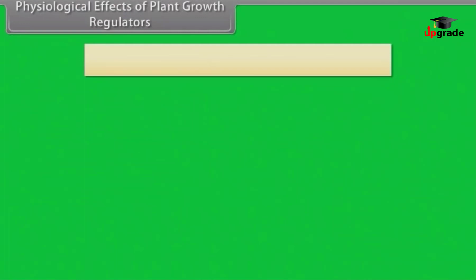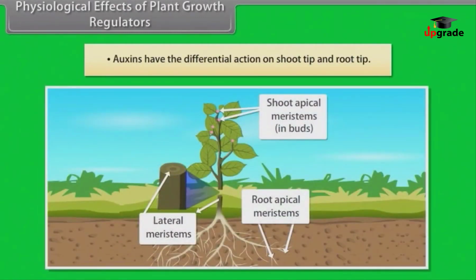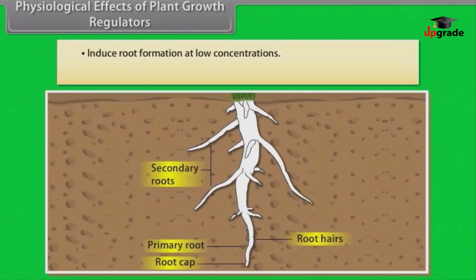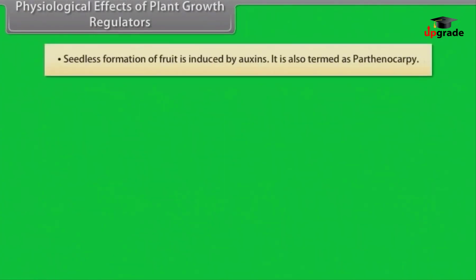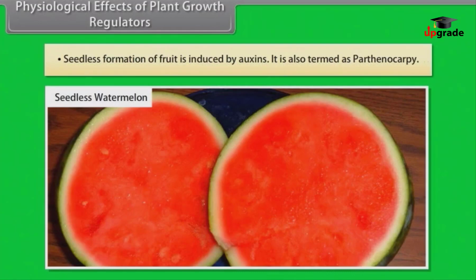Auxins have differential action on shoot tip and root tip. They induce root formation at low concentrations. They prevent leaf fall by suppressing the formation of the abscission layer. Seedless fruit formation is induced by auxins. It is also termed parthenocarpy.